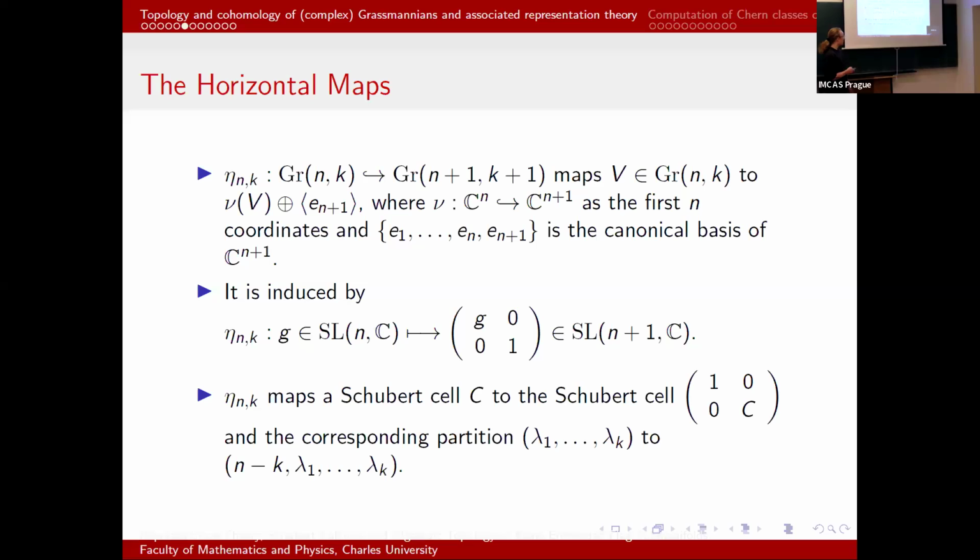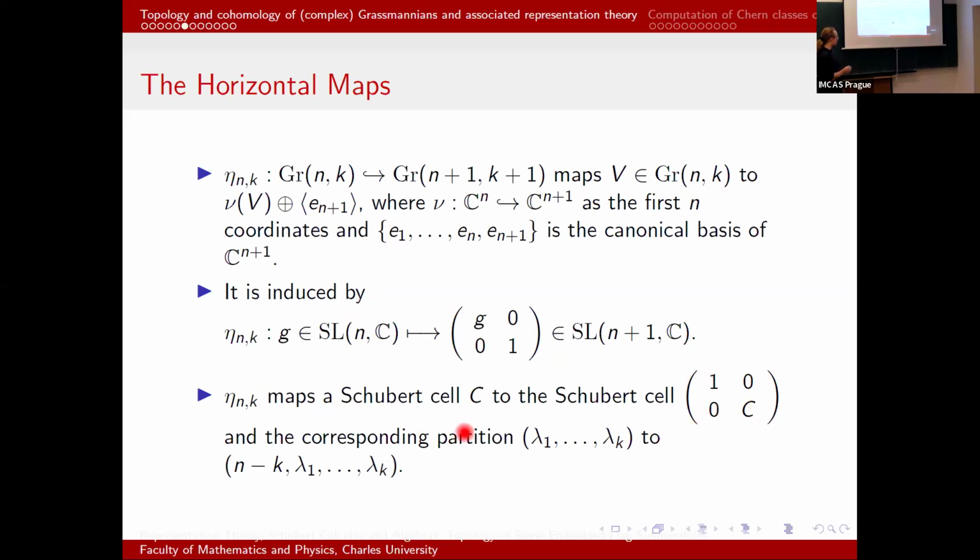As a Lie group homomorphism, it is induced by this inclusion of SL n into SL n plus 1. And on the level of Schubert cells, it maps a Schubert cell C to a Schubert cell where we add one row and one column to the matrix representing the Schubert cell.